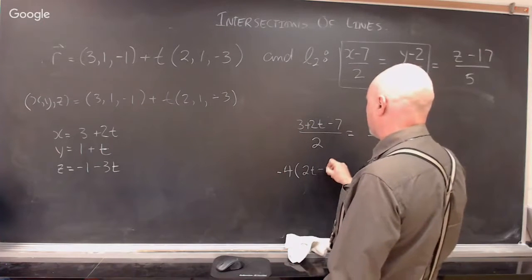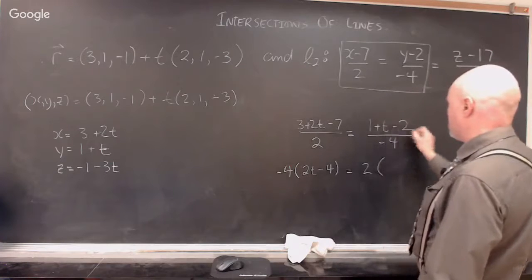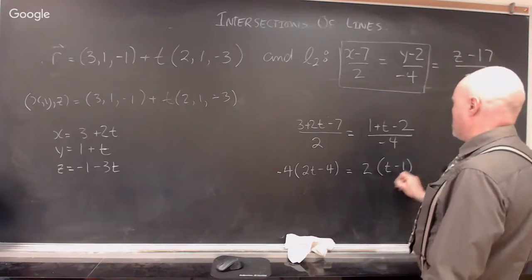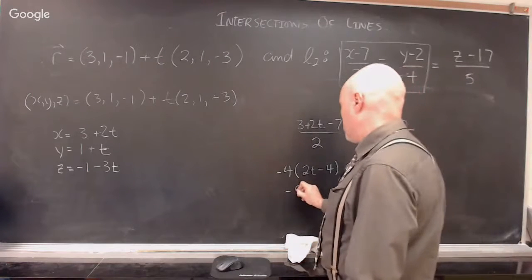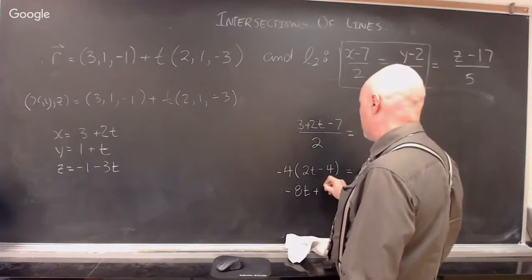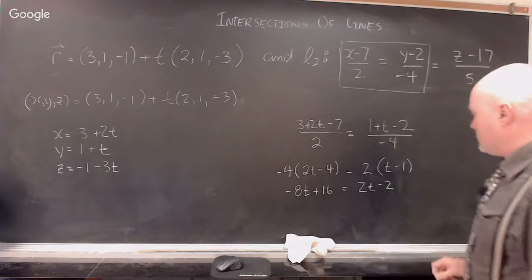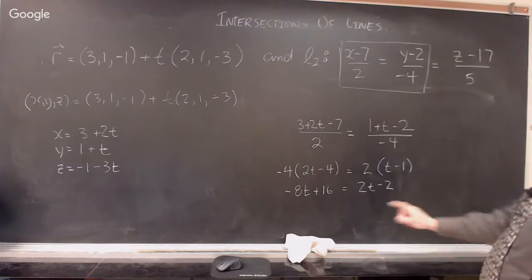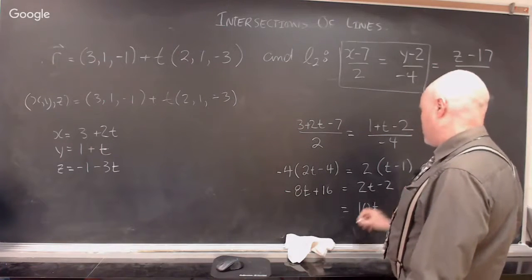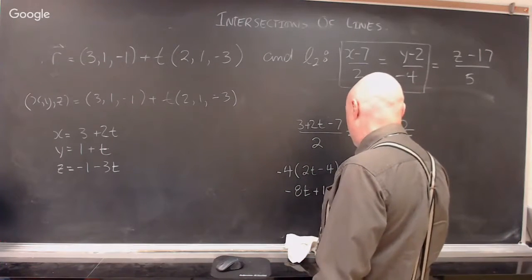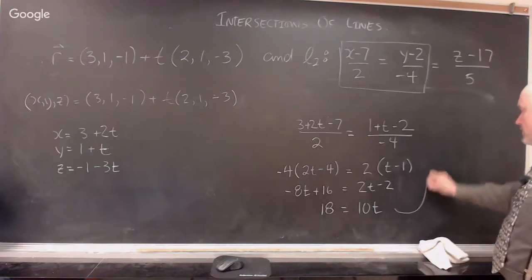2T minus 4 is equal to 2, and this is T minus 1. And simplify. And I'm going to isolate T. So I'm going to move it over onto this side because I happen to dislike negatives, because I tend not to write them again.